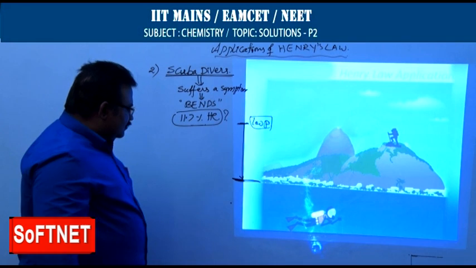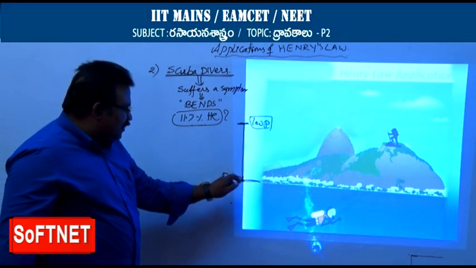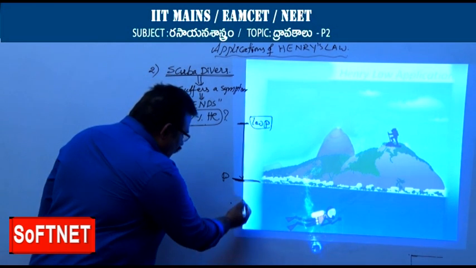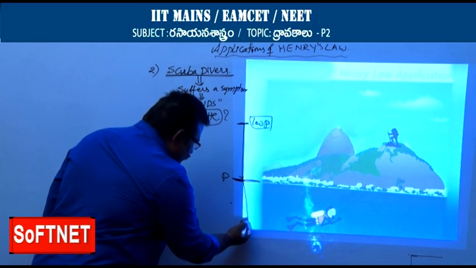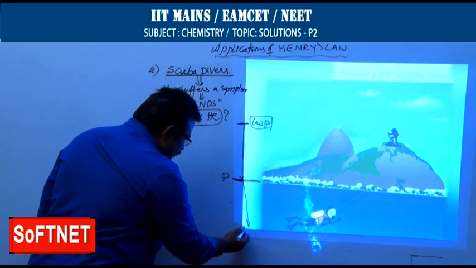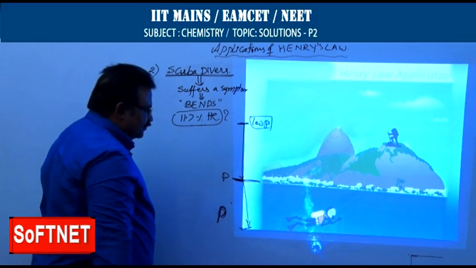At sea level, some pressure is present. If the scuba diver moves down, he experiences more and more pressure.